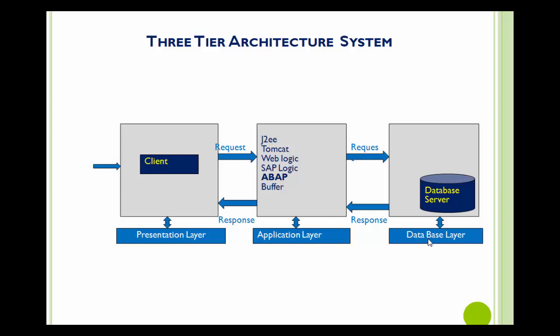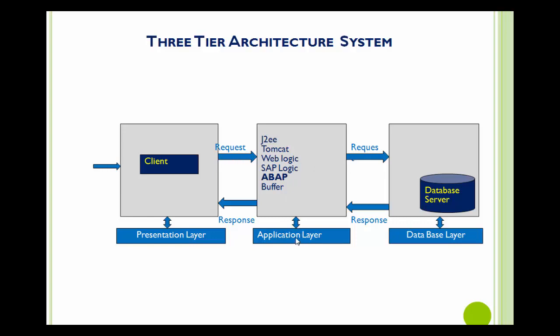There are three layers: presentation layer, application layer, database layer. The presentation layer is nothing but SAP GUI, the graphical user interface. Through the GUI, when you log in, you have to enter username, password, and default language, EN, whatever.